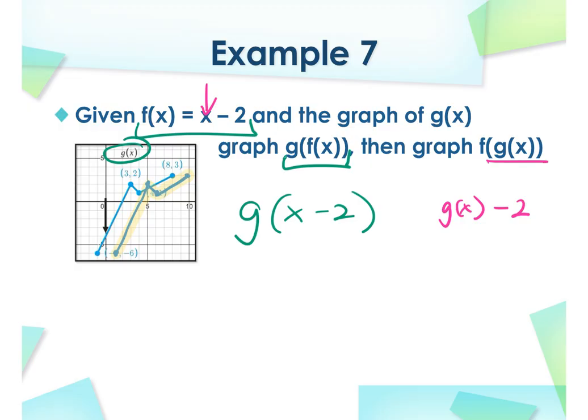So I'm going to take each of the points and shift it down 2 places. Actually, wait, sorry. This is not there. I plotted the wrong point. I'm just moving the original ones down 2. I accidentally moved one of the other ones.